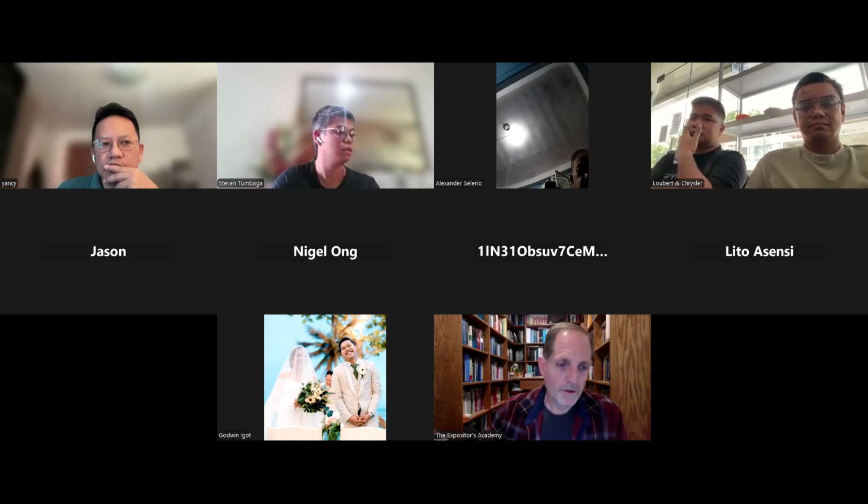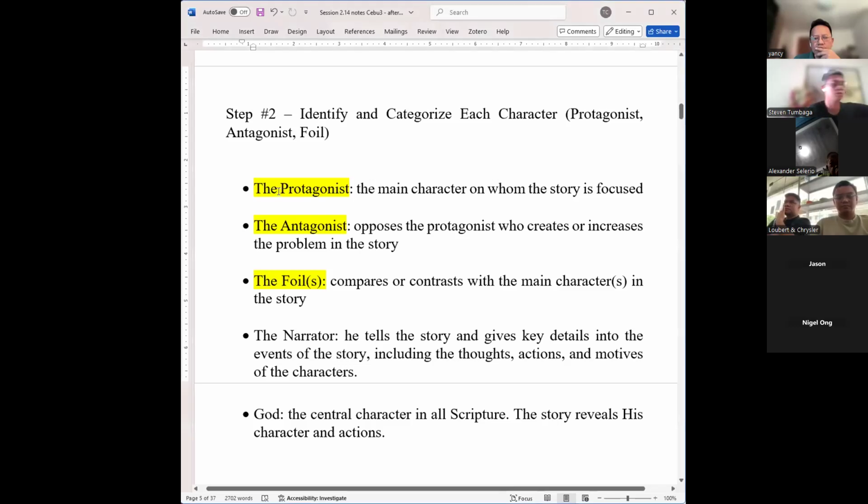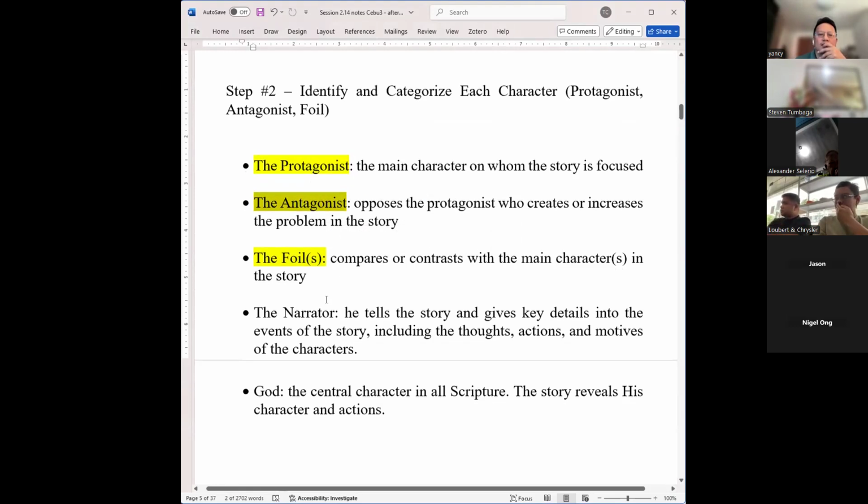There are really five main characters. You've got the protagonist and the antagonist, who will surround the problem. The foils may or may not be in each particular story, but there may be a character or characters who serve as a contrast or comparison to either the protagonist or the antagonist. And then you have the narrator.